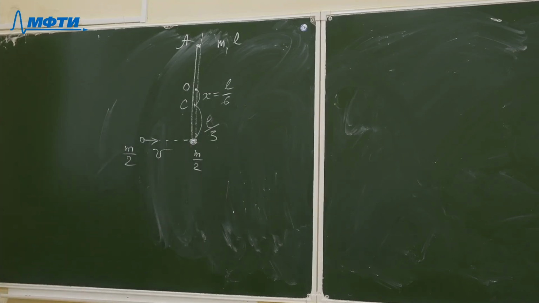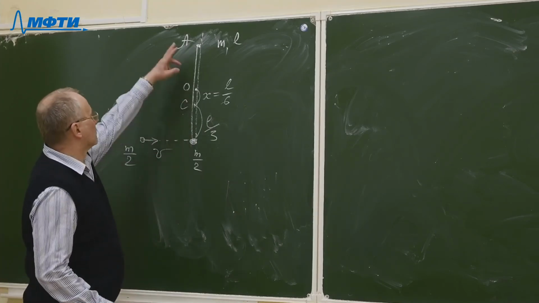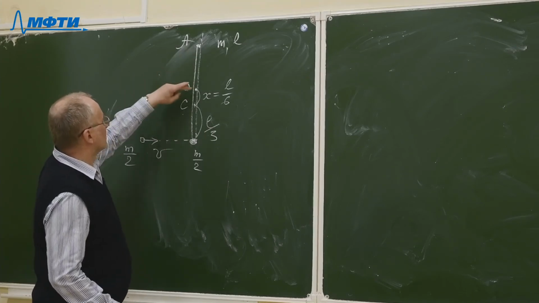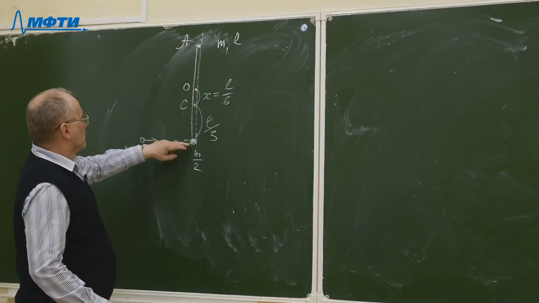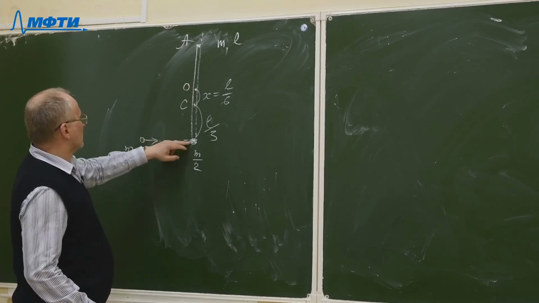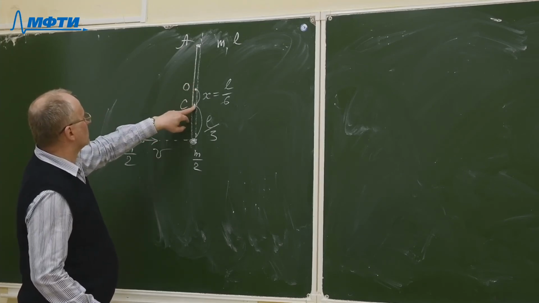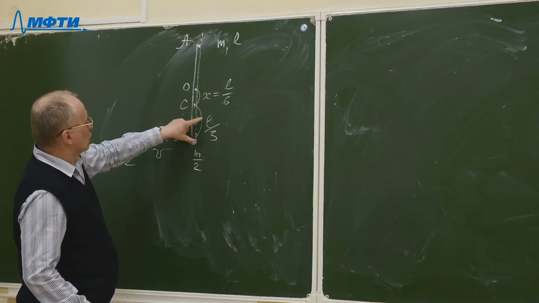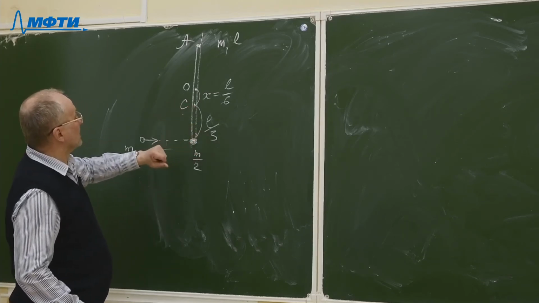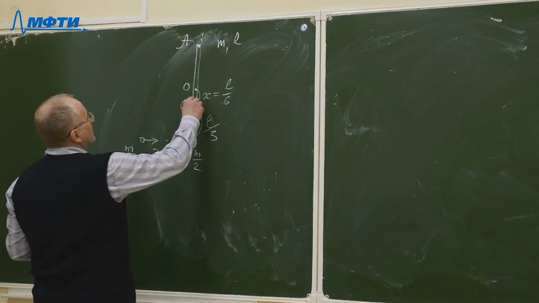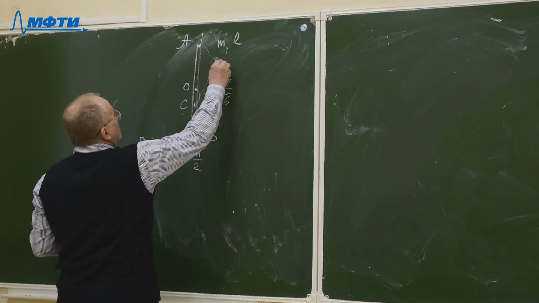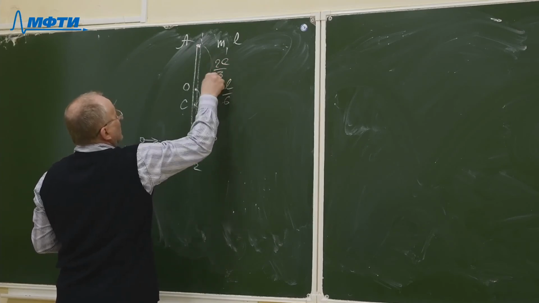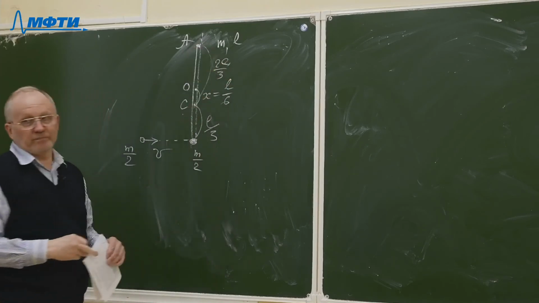The center of mass of the new body is very simple to find. The mass of the rod is concentrated in its center, and here at the end is another mass m over 2, so the new center of mass will be here, at the distance L over 3 from this end, and at the distance 2L divided by 3 from another end.